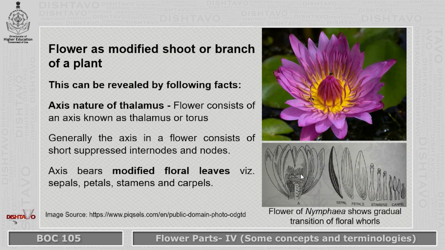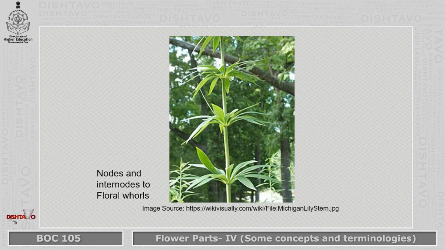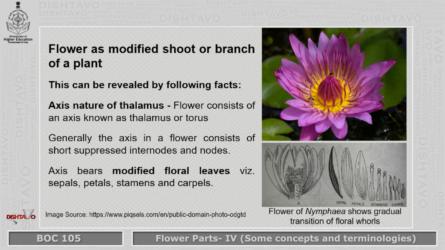Another concept is that the flower is a modified shoot or branch of the plant. Here you can see a branch of the plant with nodes and internodes. The calyx, corolla, androecium, gynoecium, we call them floral whorls. They are attached at the thalamus.